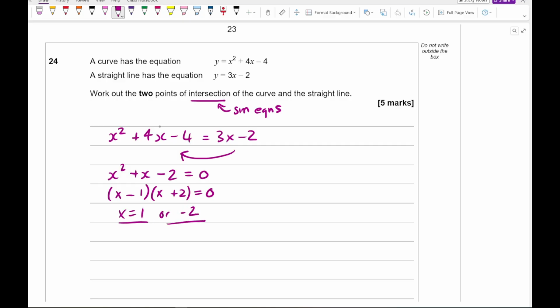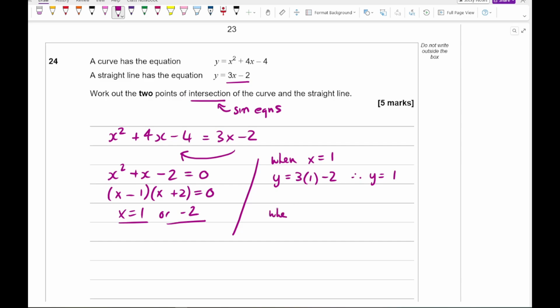Now using those values, I can work out what the respective y values are going to be. So when x equals 1, y is going to equal, if I use this equation here, 3 lots of 1 minus 2. So y is going to equal 1.